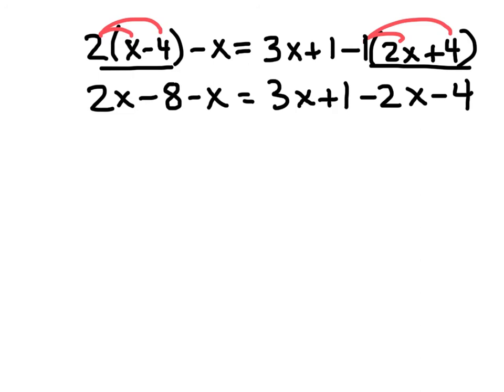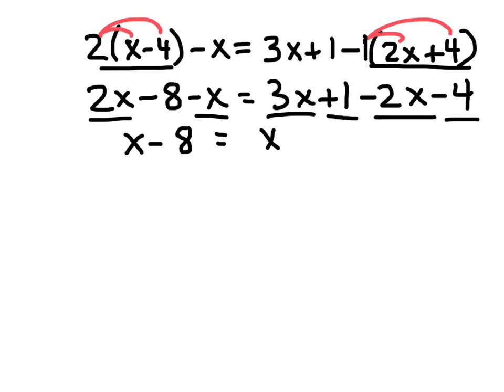Now let's combine the like terms. 2x and minus x is 1x, so we get x minus 8. Here 2x minus 2x equals x, plus 1 minus 4 equals minus 3.